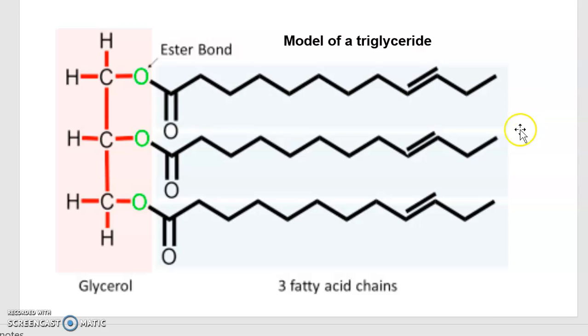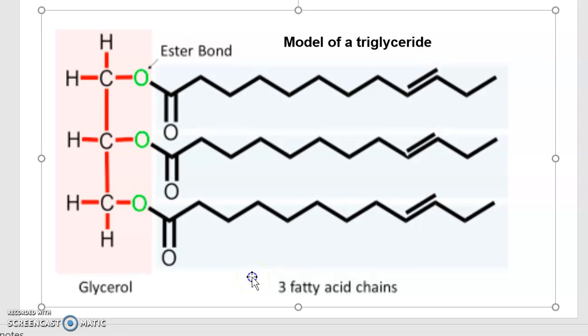And we've got 1, 2, 3 fatty acids, and each fatty acid can be different or they can be the same. We've got a variety of different fatty acids, but what you need to appreciate, your takeaway, is that this is a model, and this model is a polymer. The polymer is made up of the individual monomer units, fatty acids and glycerol.